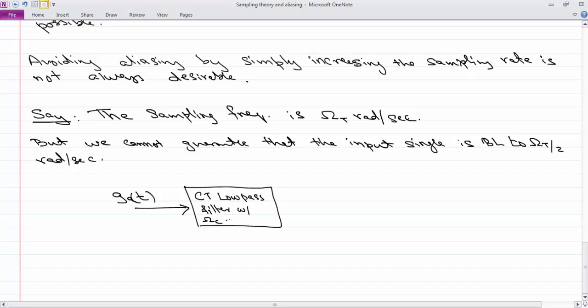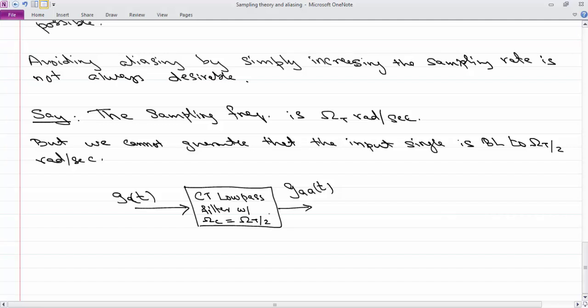With cutoff frequency omega c equals omega T by 2. Because when you do that, you will get back an output that is guaranteed to be band limited to omega T by 2.